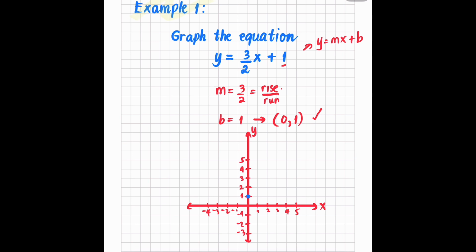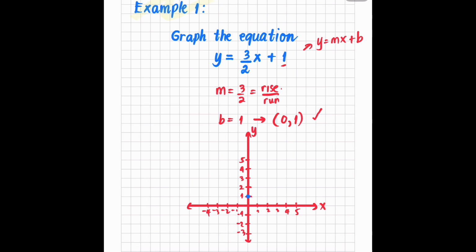Now, in order for us to find the second point to see the straight line, because by definition, a line consists of an infinite number of points, right? But for graphing, we only need at least 2 points in order for us to see the straight line graph.